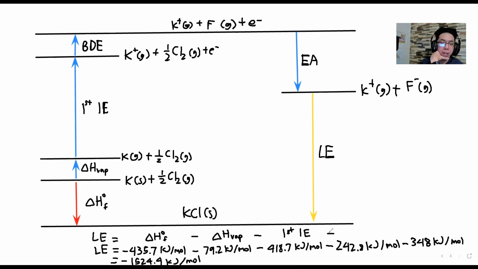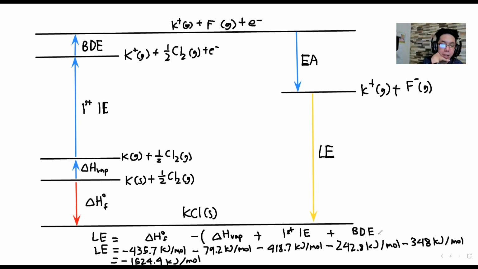Josh, why are you having minus, minus, minus? Why not add? It will be the same thing anyway po eh. Kasi matatanggal naman yung parenthesis. What's this? BDE. Okay, continue.